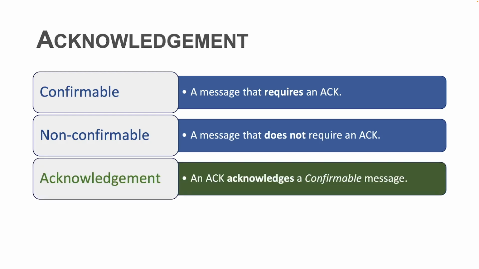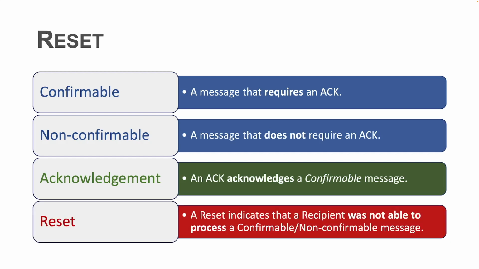The third message type is the acknowledgement. An acknowledgement message acknowledges that a specific confirmable message arrived. The fourth and the last message is the reset. A reset message indicates that a specific message, which can be a confirmable or non-confirmable, was received, but some state is missing to properly process it.